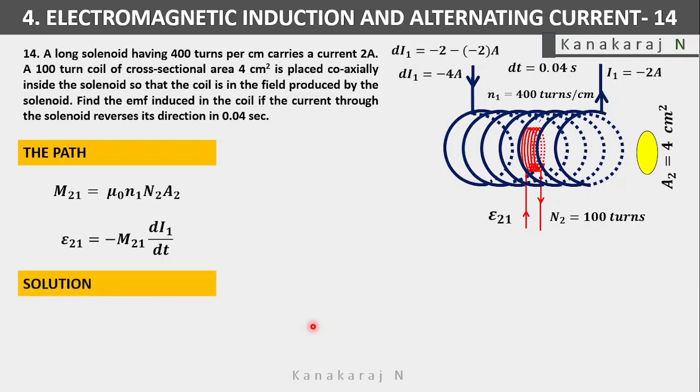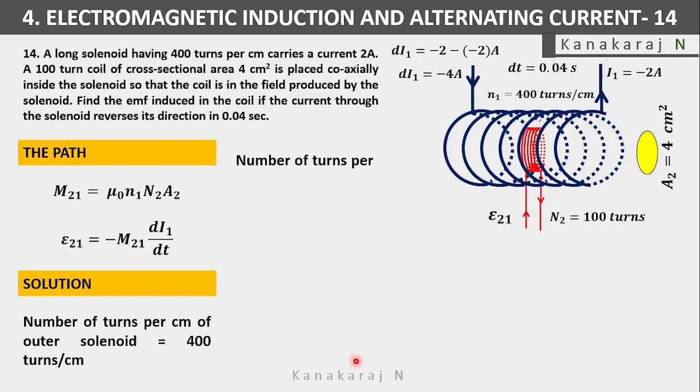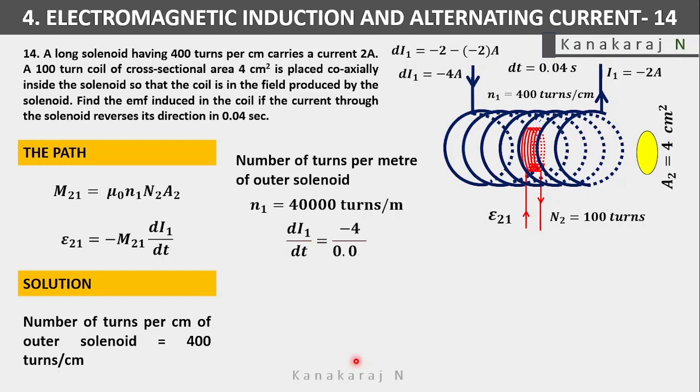Solution. What are the data? Let us collect now. The number of turns in the solenoid is 400 turns per centimeter. It has to be converted into SI unit, so we get 40,000 turns per meter. The change in current is dI1 in the time dt. So dI1 by dt equals minus 4 divided by 0.04, which gives minus 100 ampere per second. This data we will be using in finding the induced EMF in the inner coil.